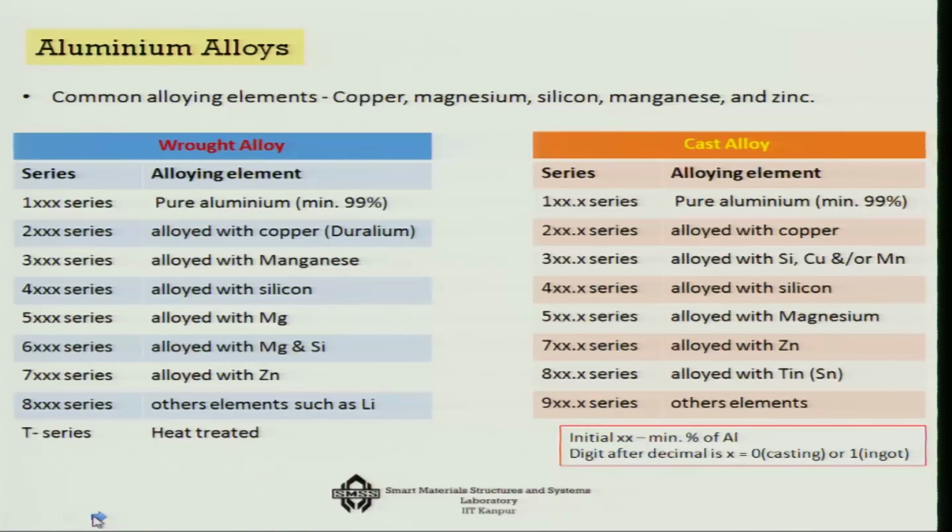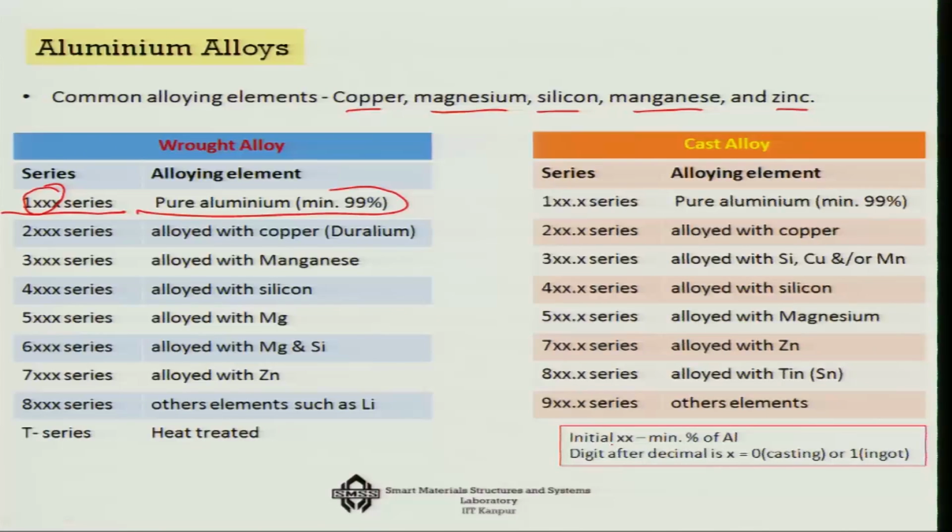Now, there are many alloys. Aluminum is one thing which has been explored with various materials, for example, copper, magnesium, silicon, manganese and zinc. And depending on what kind of alloying is happening, there are different grades of aluminum. For example, grade 1 is pure aluminum, about 99% pure, and there is this XXXX here.